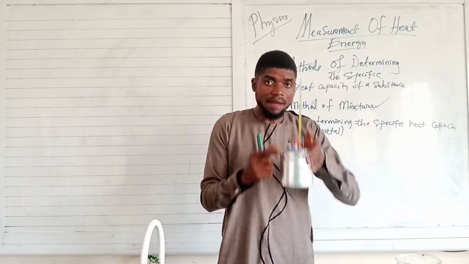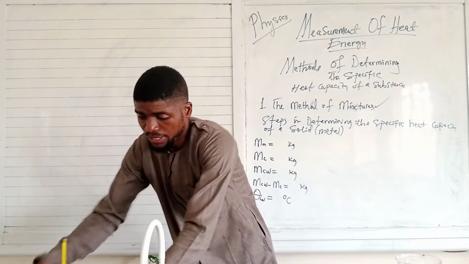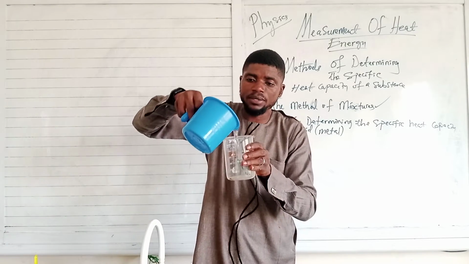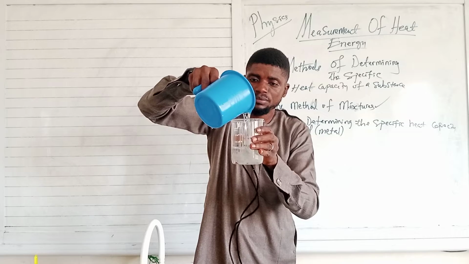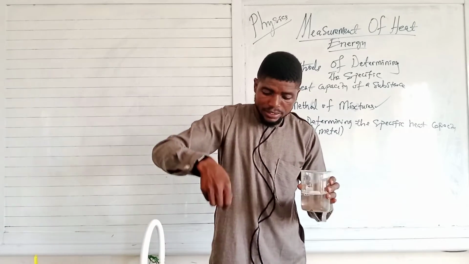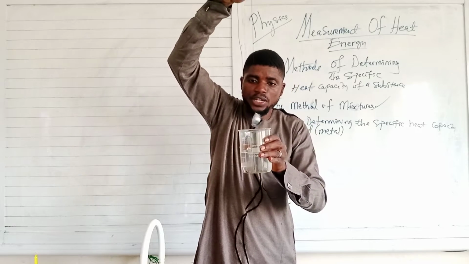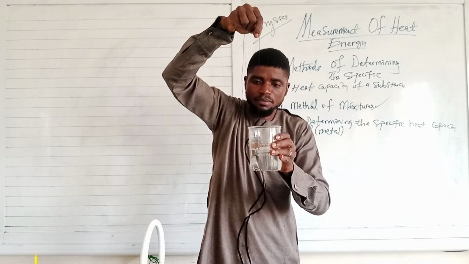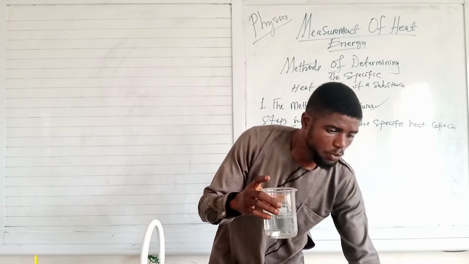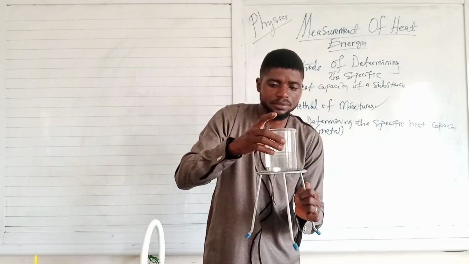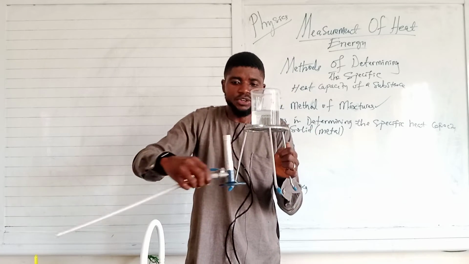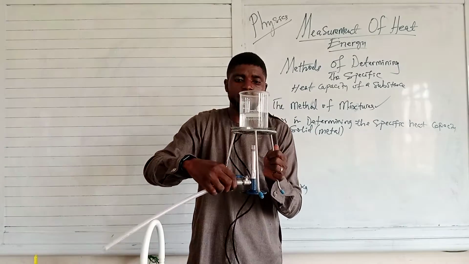Now, having done this, the next step is to pour water into the beaker. And then gently drop this guy into this place. The next thing is you place this on the Bunsen burner and then you heat it up.